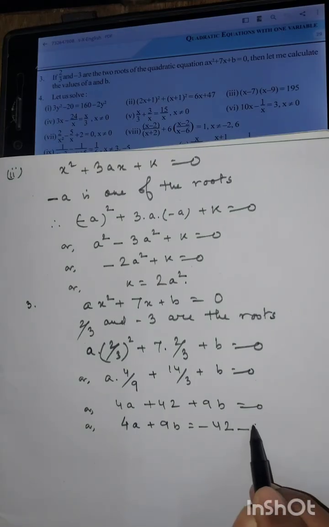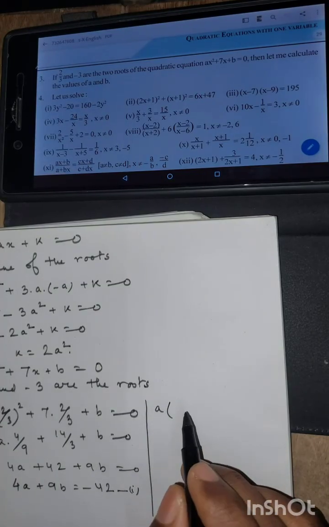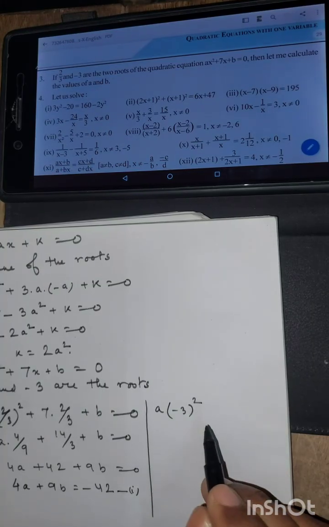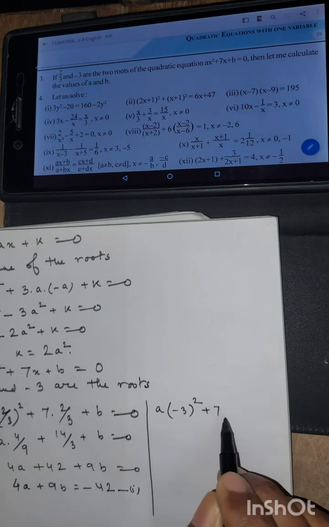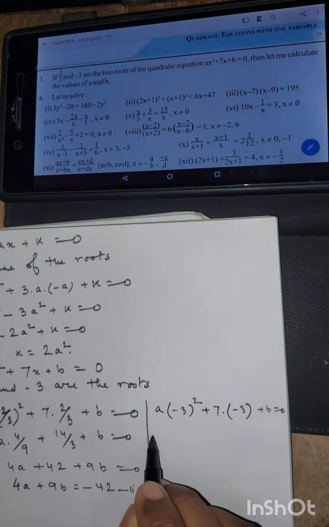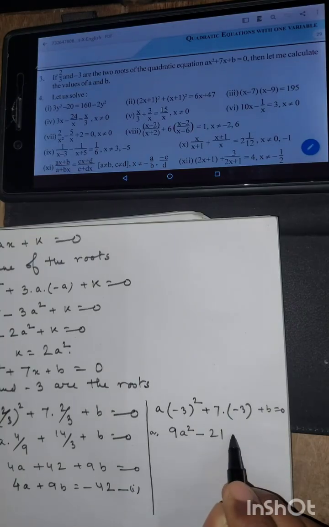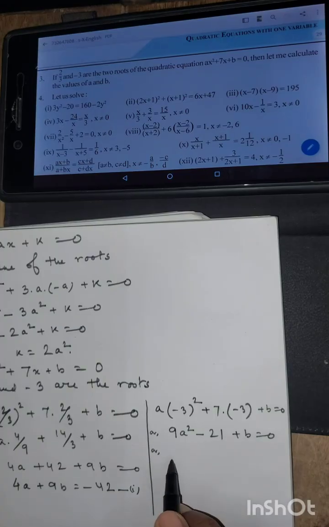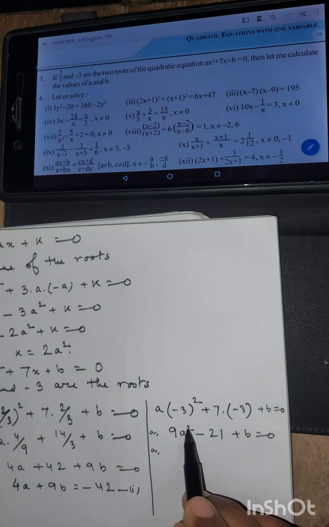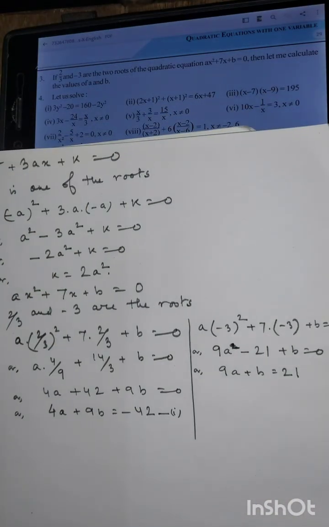Now let us give it Roman 1. Let us give it Roman 2.